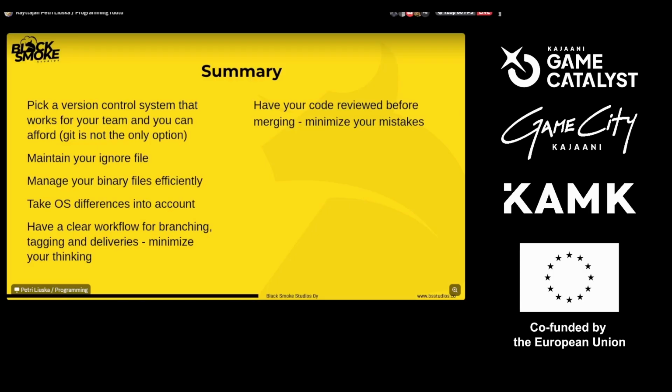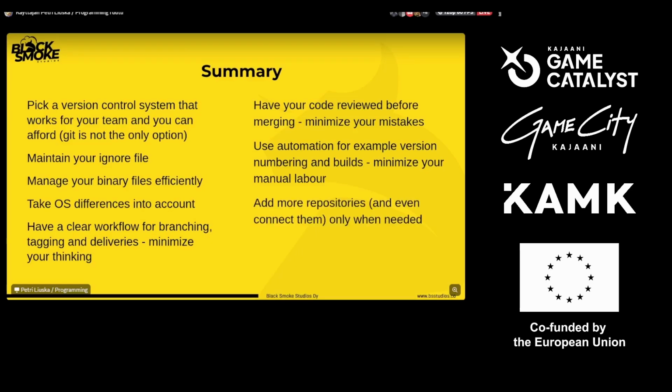And have your code reviewed before merging. That minimizes your mistakes. And you should use automation, for example, version numbering or builds. You try and minimize your manual labor. Then you get to focus on the game more.